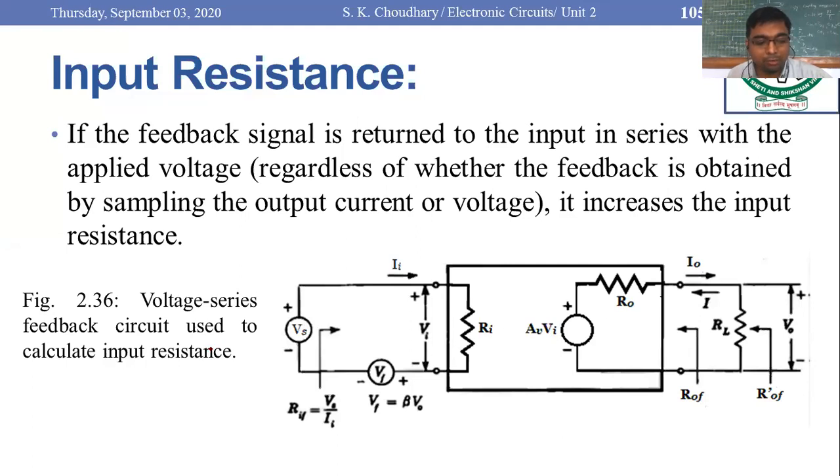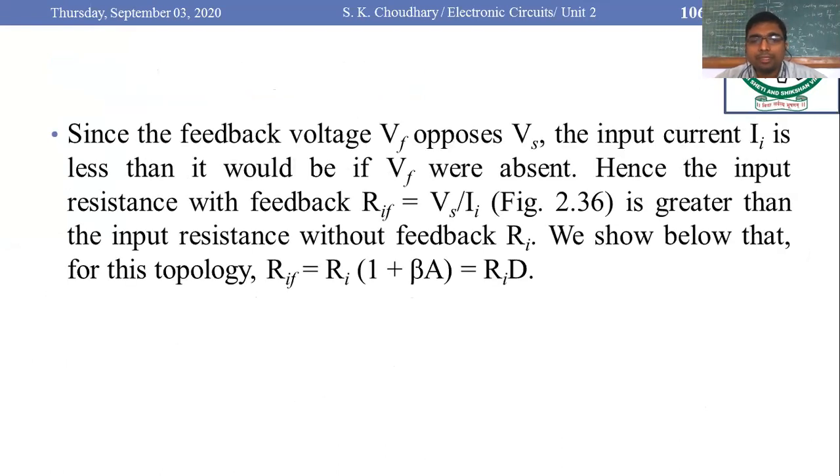Okay, I hope all of you have noted down this diagram. In this particular diagram of voltage series feedback, you can see the feedback signal VF opposes the applied source voltage VS, because we have applied negative feedback.